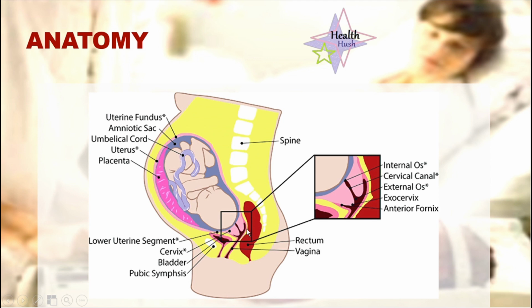During effacement, progressively the cervix will become short and thin and this opening will dilate and the baby is then delivered. Here you can see a closer view of the cervix, where you can find the internal os, cervical canal, external os, and the fornixes, as well as the exocervix.